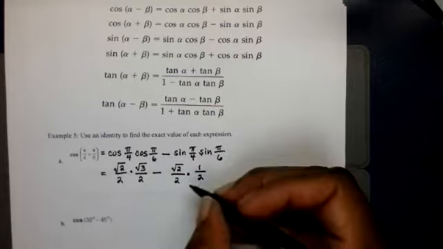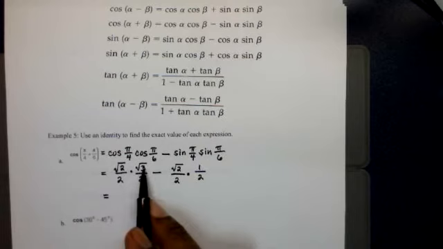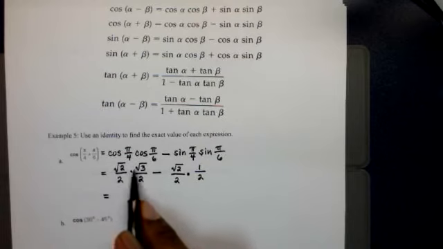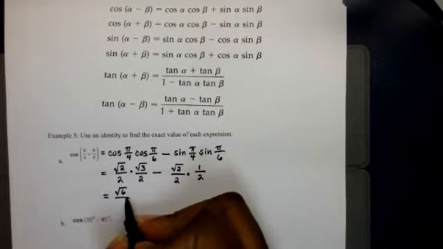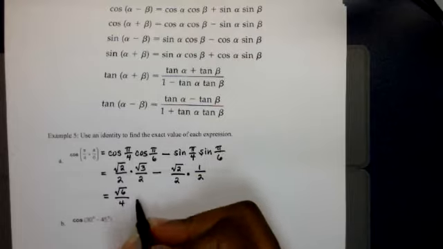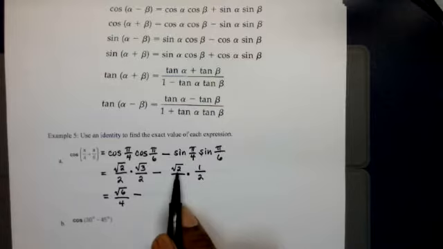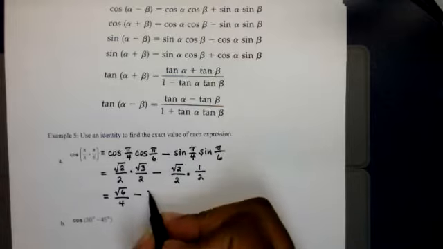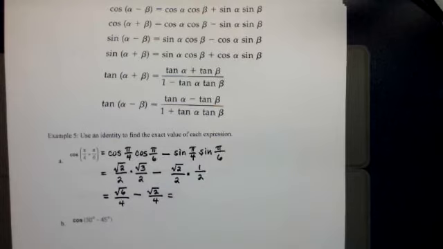And now let's simplify this. I can multiply radical by radical as long as the indices are the same. So the square root of 2 times the square root of 3 will be the square root of 6 over 2 times 2, that's 4. And then minus the square root of 2 times 1 will be the square root of 2, all over 2 times 2, which will be 4.